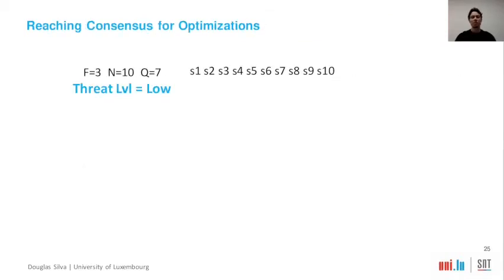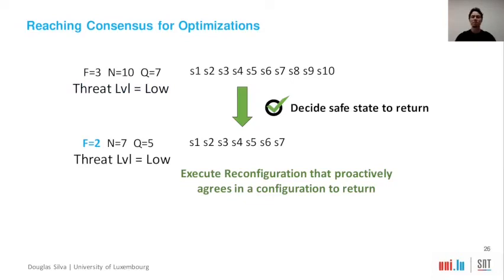Now let's see how optimization works using the threat adaptive protocol. Here we are in a network with 10 replicas, from S1 to S10. We can cope with 3 faulty replicas, and the threat detector is showing low chances of occurring threats. Seeing that, our system will optimize the resources, because we don't need all this resilience right now.